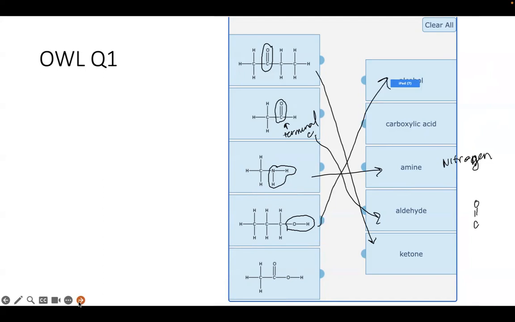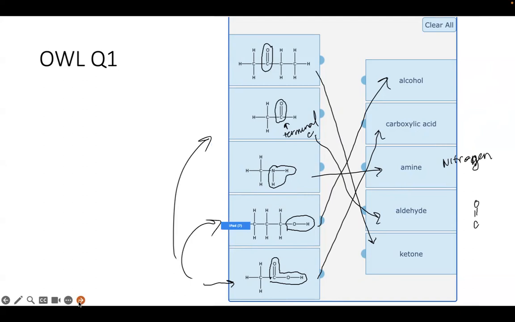And similar, but slightly different, a carbon that is double bonded to an OH group and a double bonded oxygen is a carboxylic acid. So this one's a little tricky because it's kind of a mix between an aldehyde and an alcohol, but when they're placed on the same carbon, it's a carboxylic acid. Okay.